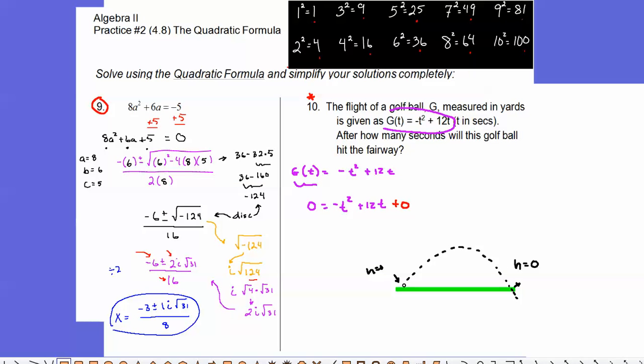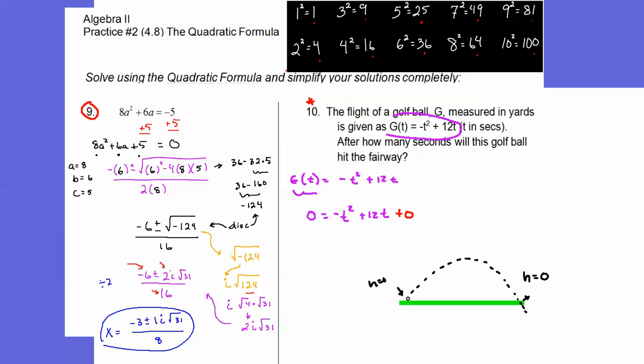I just paused and gave myself a little more workspace here. So, this is the quadratic we're actually working to solve. We want to know when it equals 0, and this is the equation that tells us the pattern of flight. So let's set up the quadratic equation.